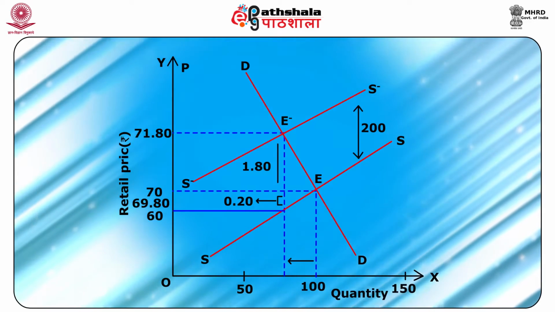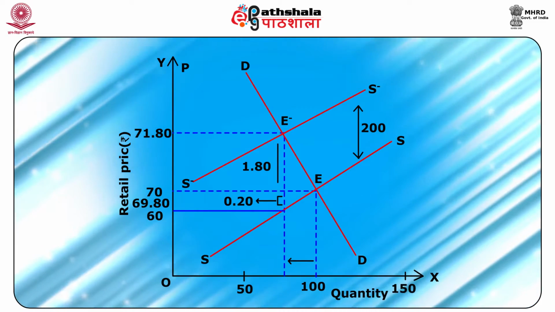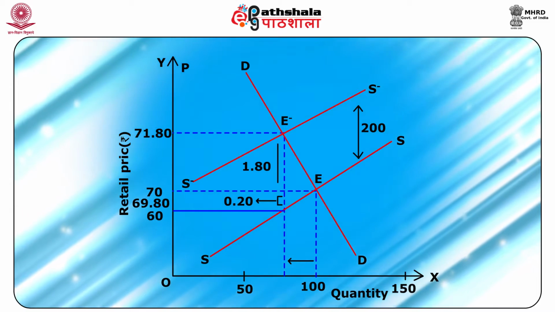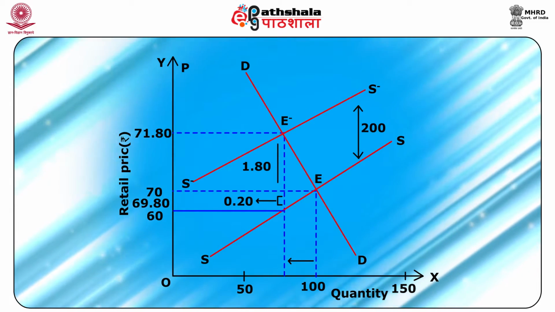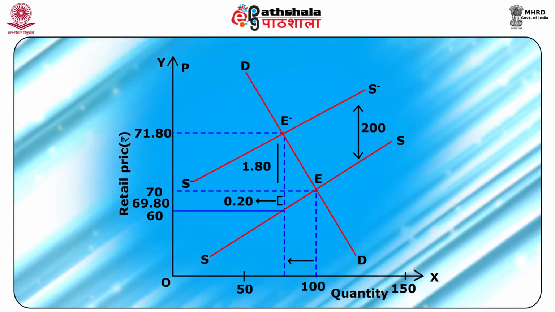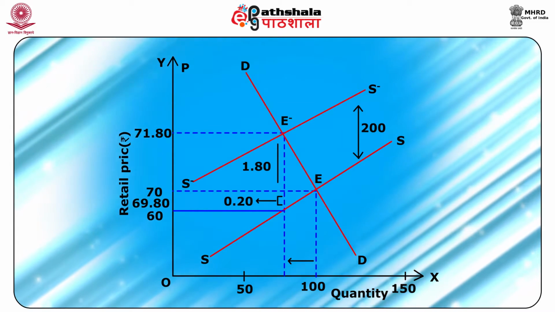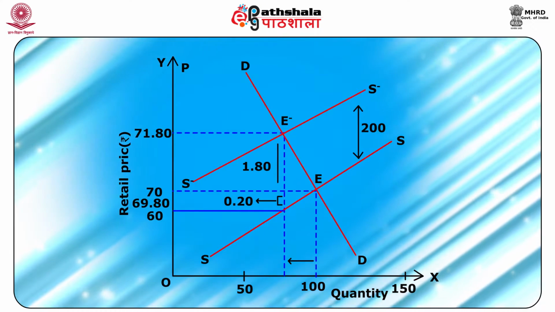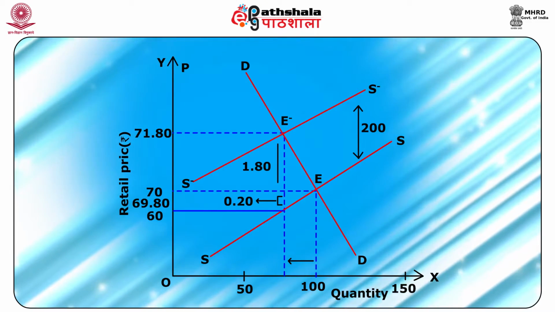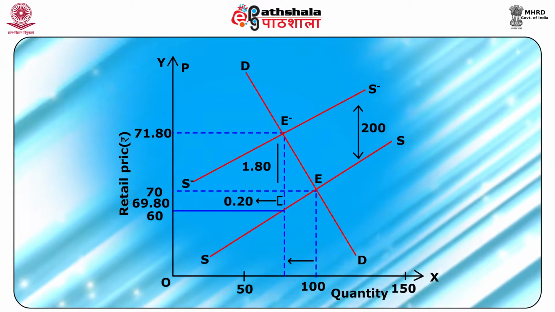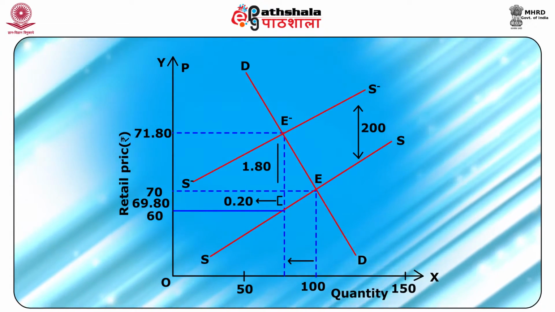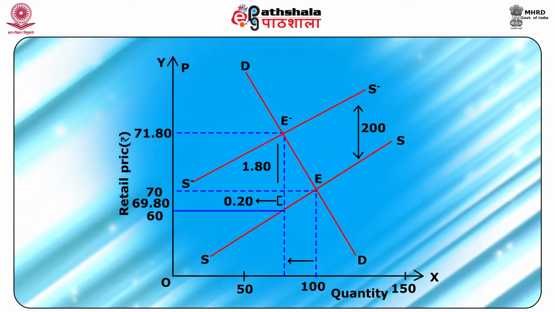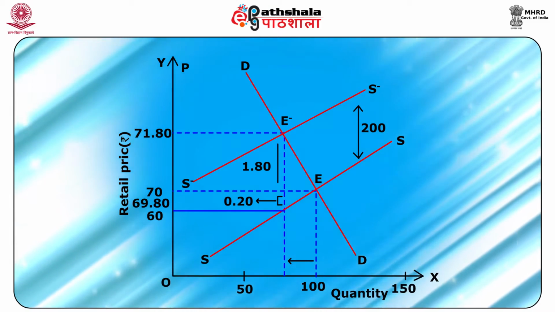In figure 3, what you would see is that we have an initial supply function SS. On the x-axis we have quantity, on the y-axis we have the price of petrol, and suppose the price increases by, let us say, 2 rupees or 200 paise, and then the marginal cost would increase.